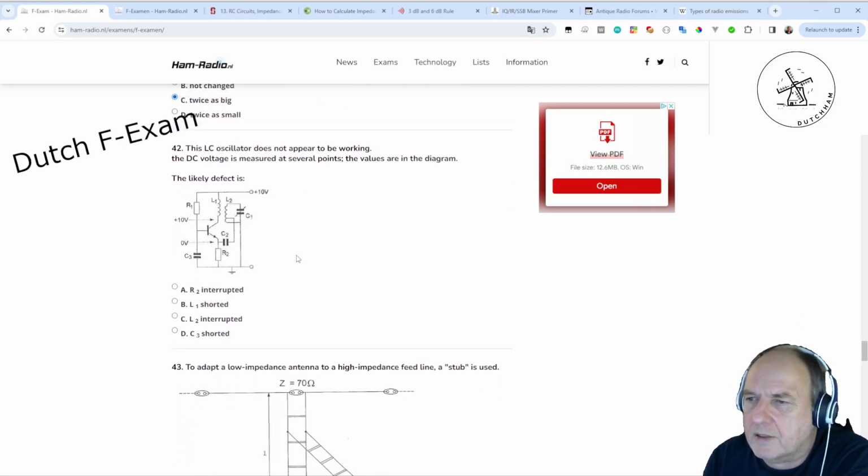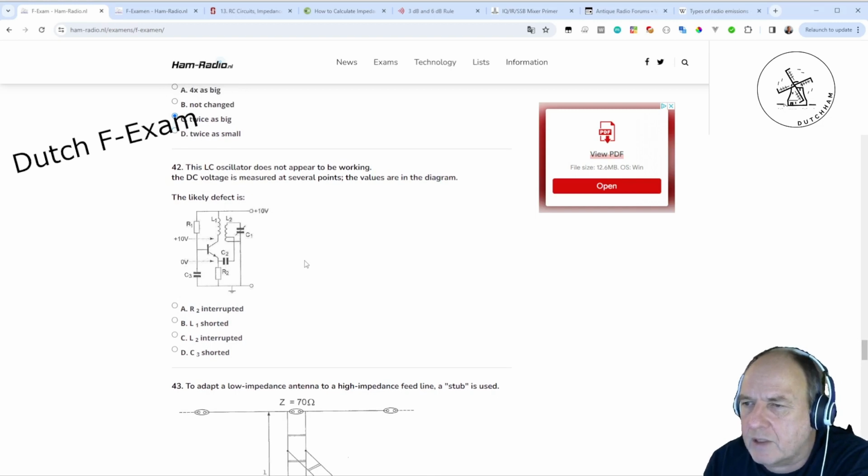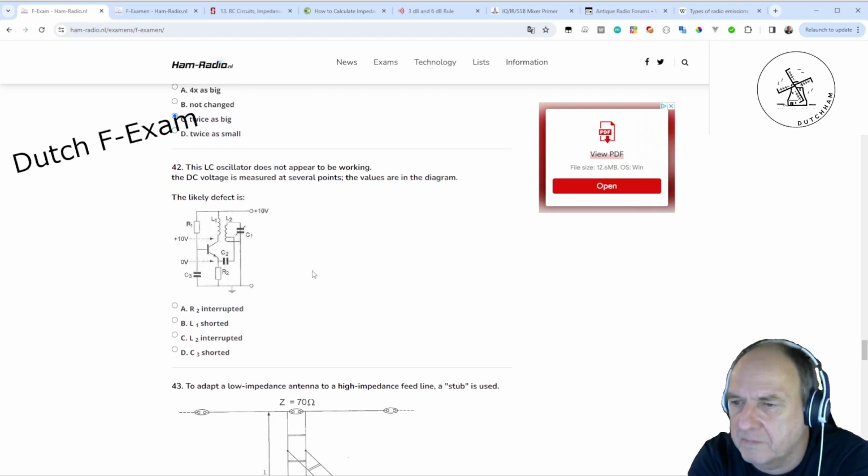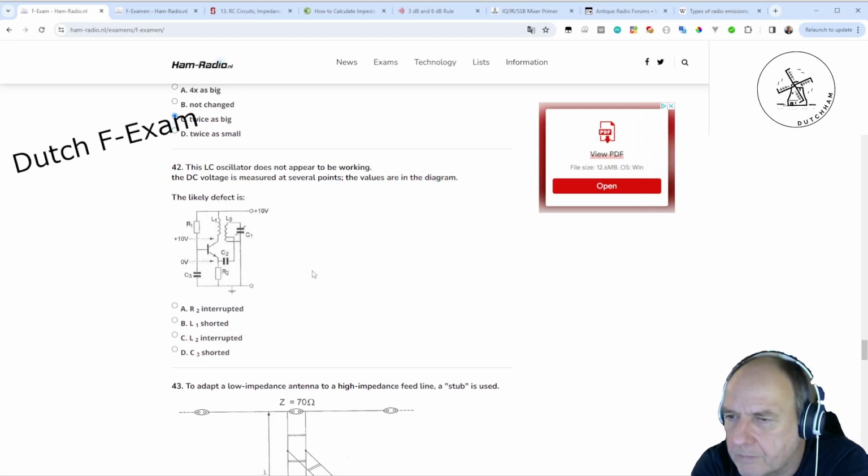The LC oscillator does not appear to be working. The DC voltage is measured at several points. The values are in the diagram. So on the collector we have 10 volts, but on the emitter we have 0 volts.